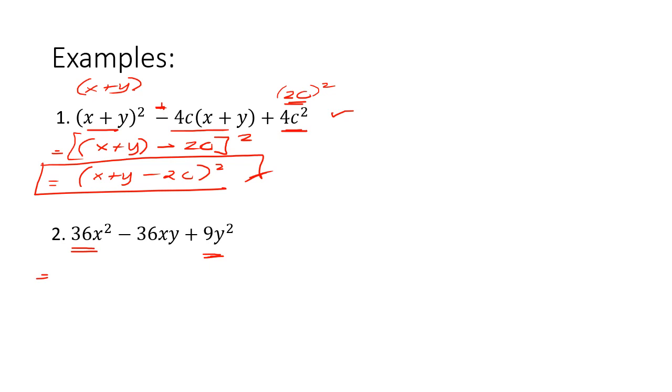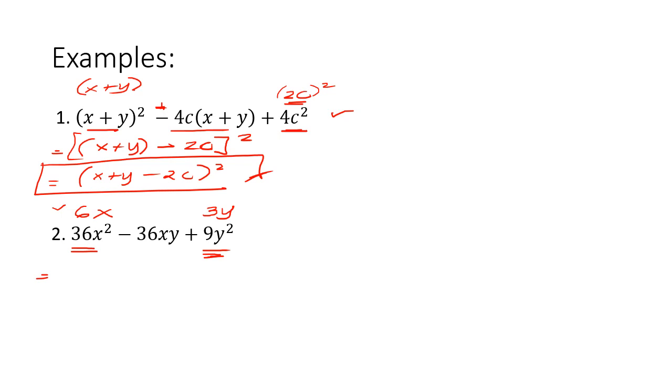Therefore, the first term should be 6x. Then quantity squared, you could get 36x squared. Right? So perfect square siya ni 6x. Then 9y squared, yung perfect square niya is 3y, right? Because the square of 3y is 9y squared.